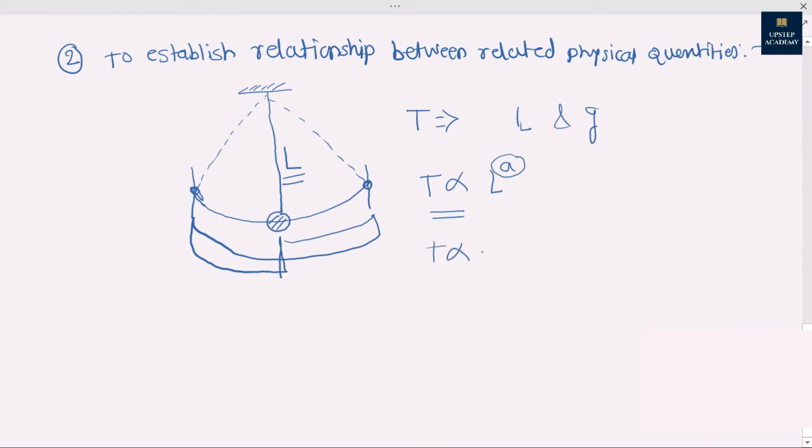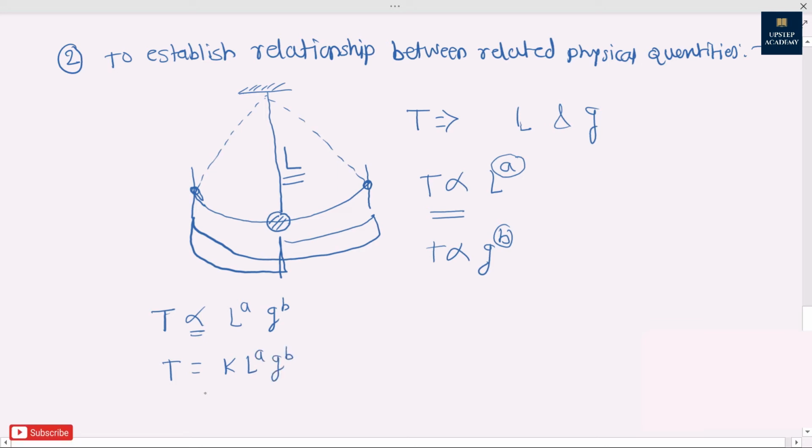Similarly, T is proportional to g, and let's take its power as b, which we have to find out. Let's put them together: T is proportional to L raised to a and g raised to b. To eliminate the proportionality sign, let's take one constant k, so T equals k L raised to a, g raised to b. Now we have to use dimensional analysis to find the values of a and b.